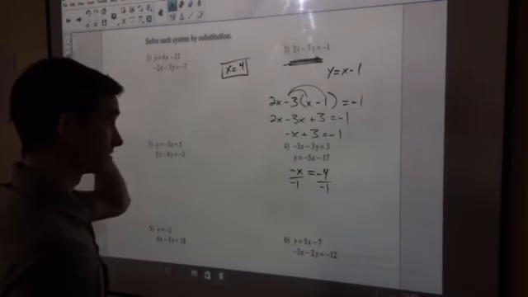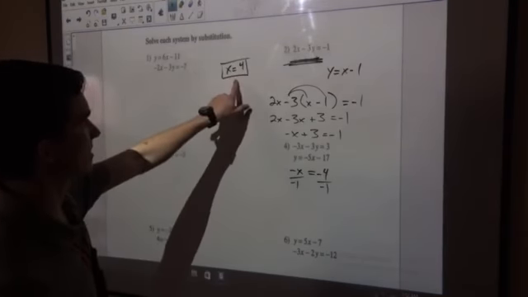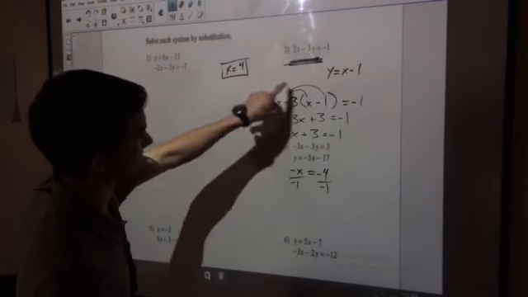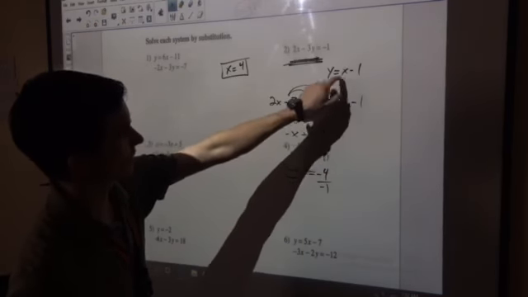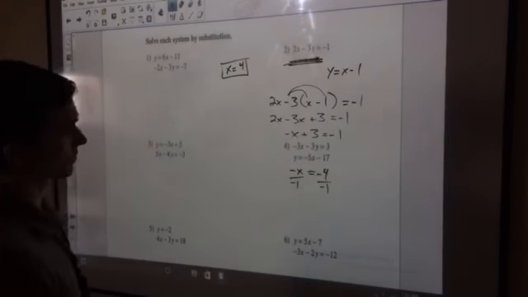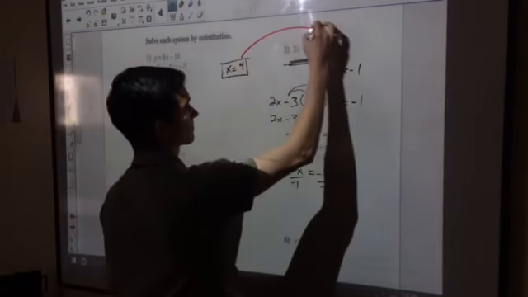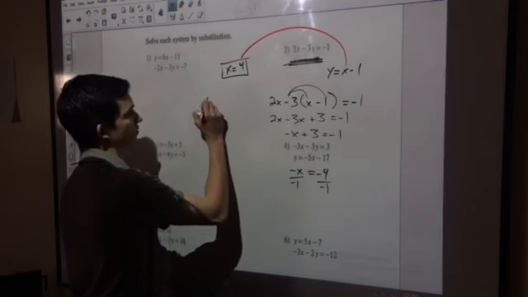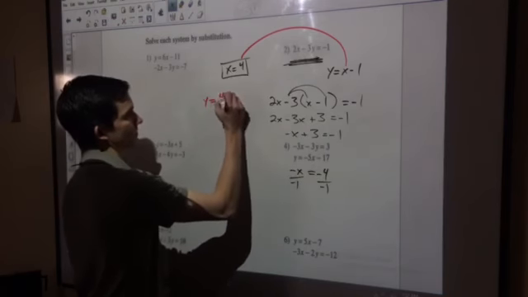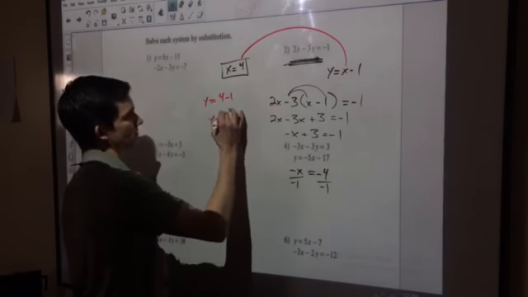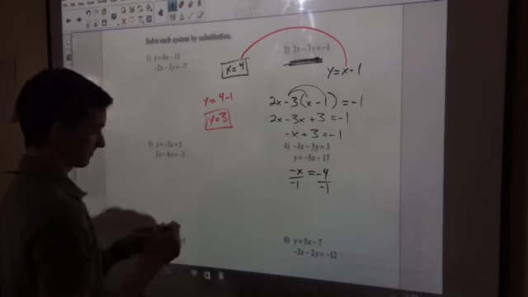Okay, so next one, take that x equals 4 and plug it into one of your other equations, any one of your other equations, and solve for the y. So right here, y equals 4 minus 1. So y equals 3.